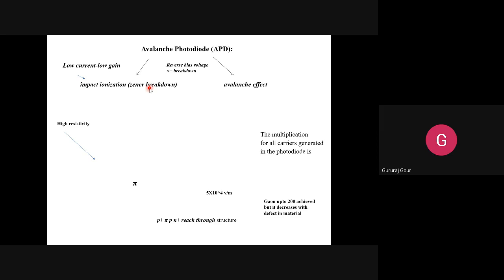It absorbs still more photons. Now, what extra thing is happening here which will increase the current? Photons are falling as usual, EH pairs are generating as usual, but a little bit more in number.